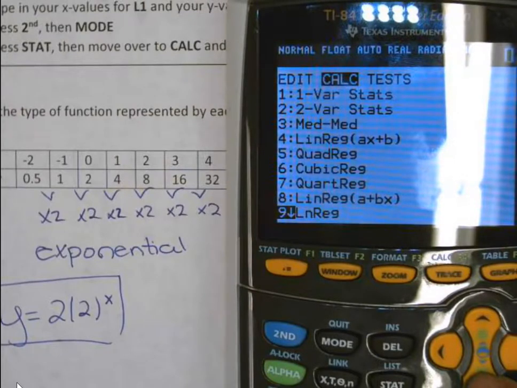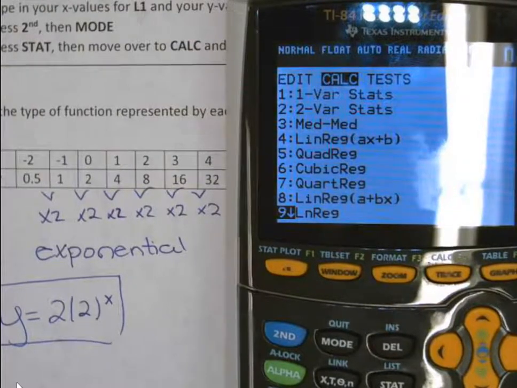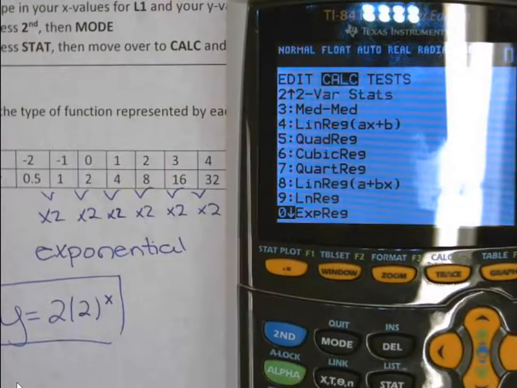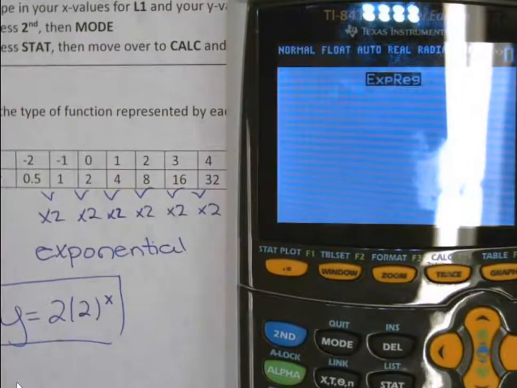No, regular stat, and then slide over to calc. Then 0, EXP. Yep. And then you go all the way down the calculator and press enter.